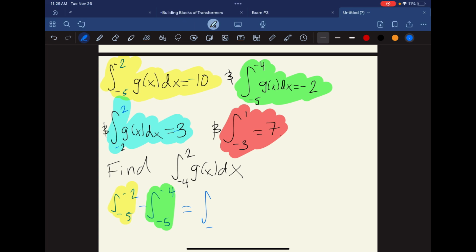we get -4 to -2, which gives us that -4 in the bottom bound, which is one of the bounds we want for our final answer, right? So that's cool. We definitely want to do that.